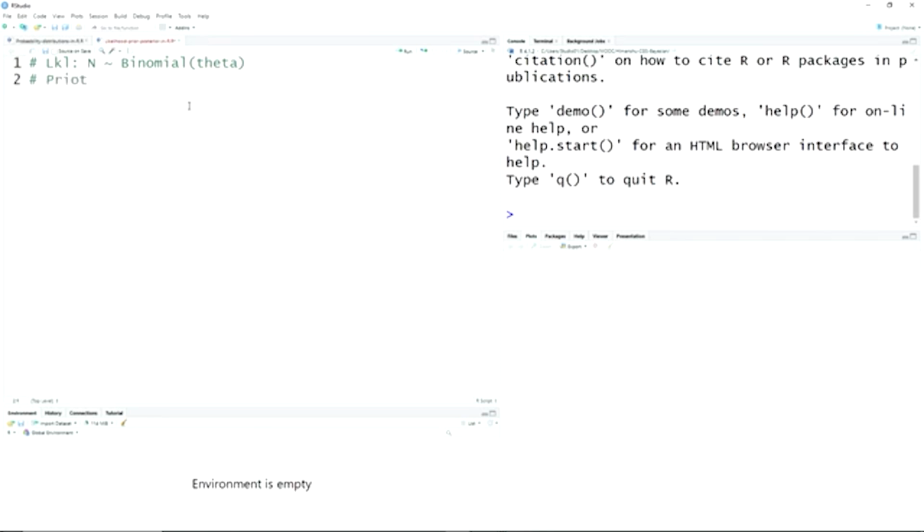The prior assumption is that theta comes from beta 85, 15. The data we have is x equals 45, and the total sample size is 50, so you have 50 trials.